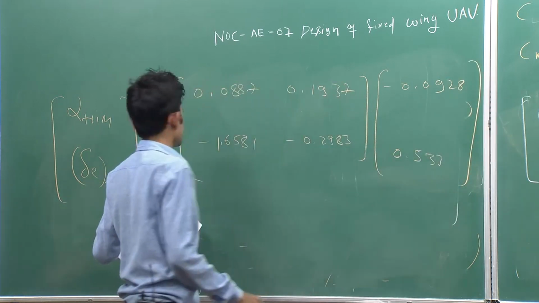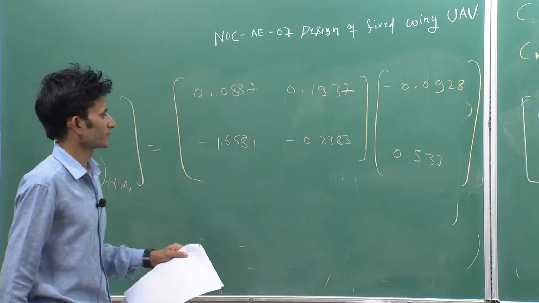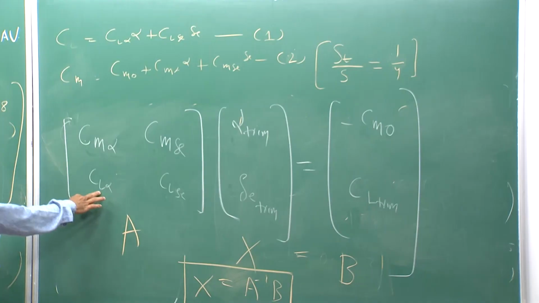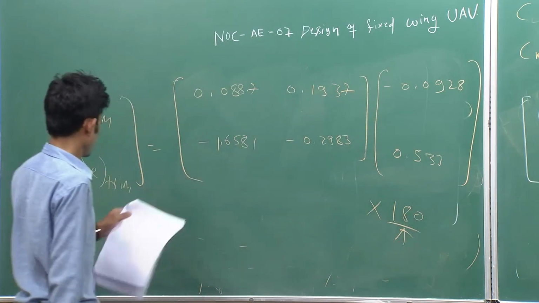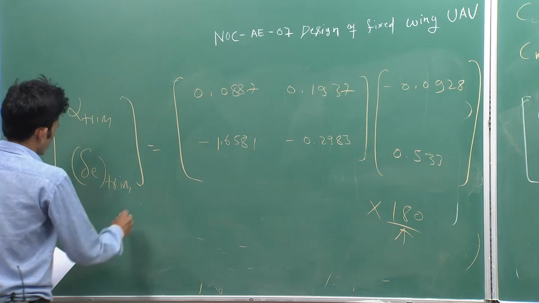See, this thing we are calculating in radian, because Cm alpha, Cm delta E, CL alpha, CL delta E are per radian, and we want the answer in degree. So you can multiply by 180 by pi. So what will you get?